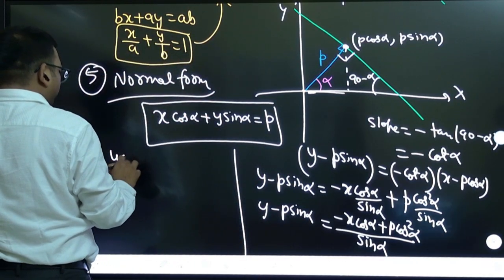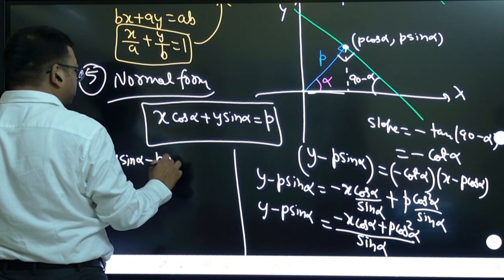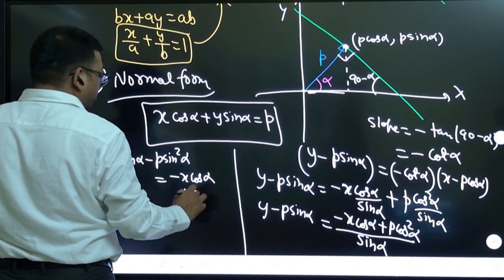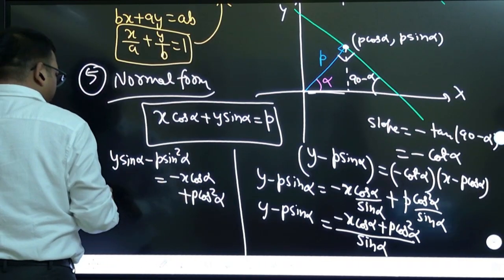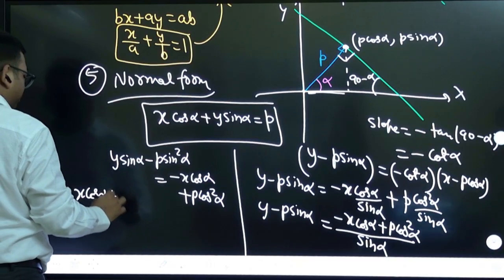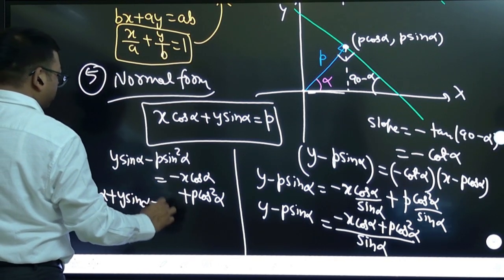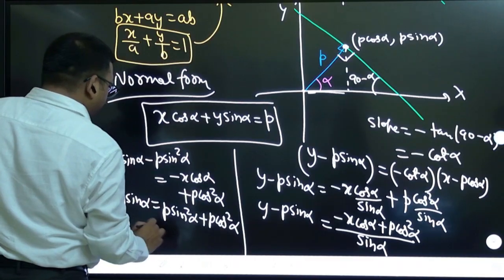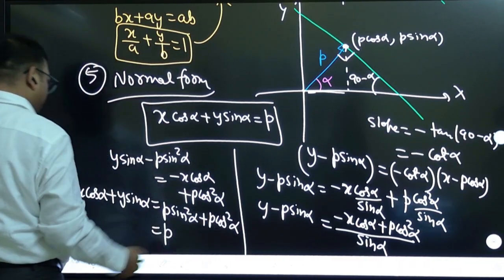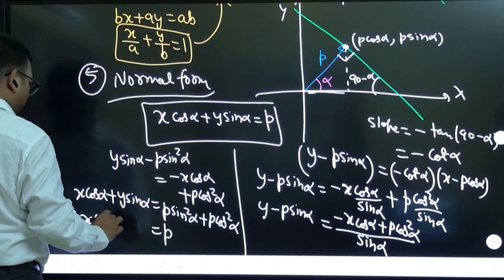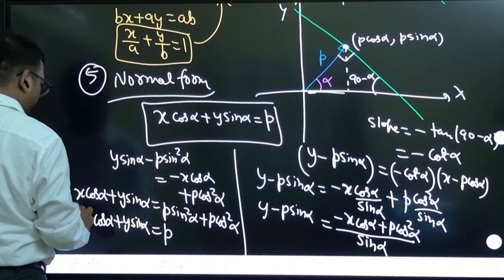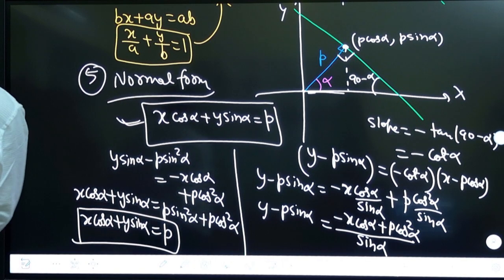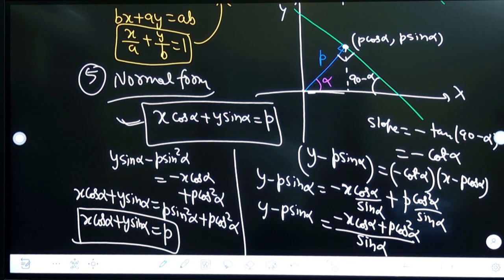So y sin alpha minus p sin square alpha is equal to minus x cos alpha plus p cos square alpha. Now bring x this side. So x cos alpha plus y sin alpha is equal to p sin square alpha plus p cos square alpha. If you take p common, sin square plus cos square is 1. So that's what the equation is: x cos alpha plus y sin alpha is equal to p. Better remember this.